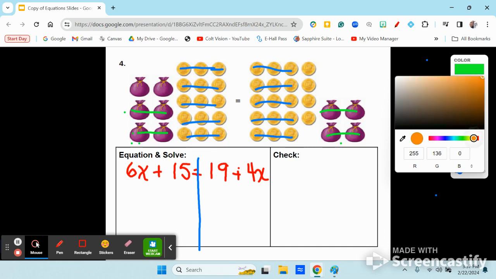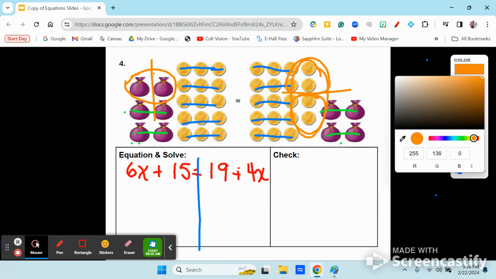So these 2 bags must have these 4 coins. If they have the same amount inside, I'm going to split these 2 bags and split the coins the same way. So that means there must be 2 coins in each bag.